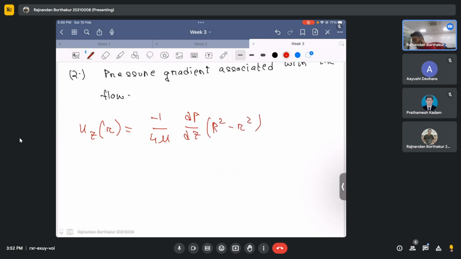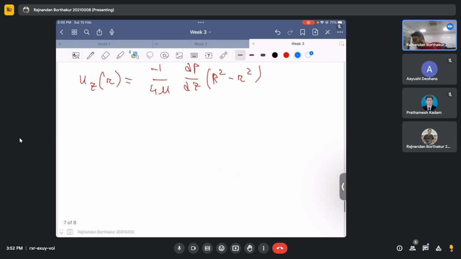All right. Now, since we know that the velocity profile is a parabola, and if these two are the extreme ends of the pipe, then I know that the velocity here and the velocity here would be 0, which means that the velocity profile would look something like this, and the maximum velocity would occur at the center line, that is at r equals to 0.